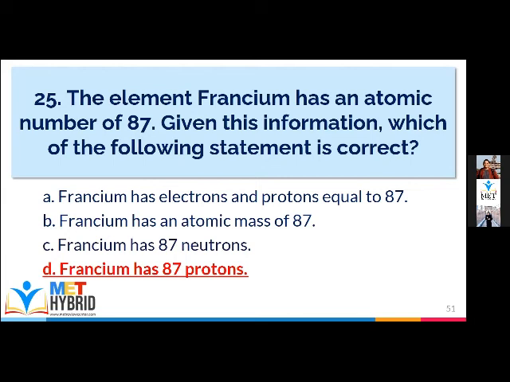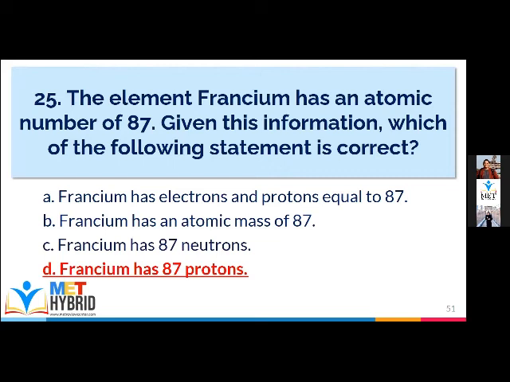Letter A is wrong because it says that electrons and protons are equal to 87. So therefore, we could say that each of them, the electron, is approximately 43.5, which is wrong, because it is given in our statement that francium has atomic number 87, which translates to your francium element having 87 protons and 87 electrons.